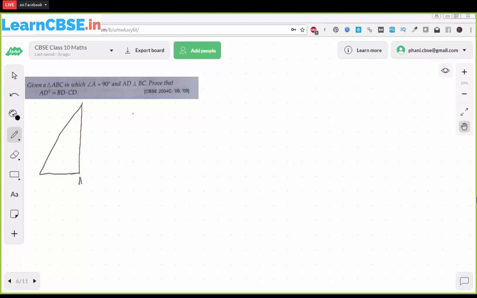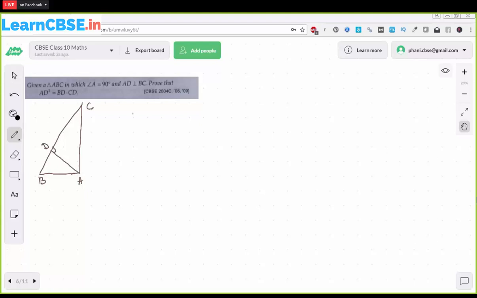So that's ABC. AD is perpendicular to BC. So we have to draw perpendicular on BC. And we have to prove that AD square equals to BD into CD. So let's try this question. We have again some right angle triangles.